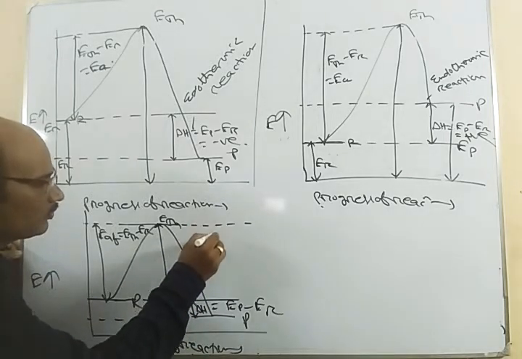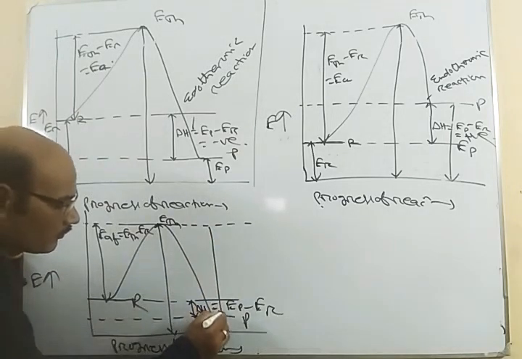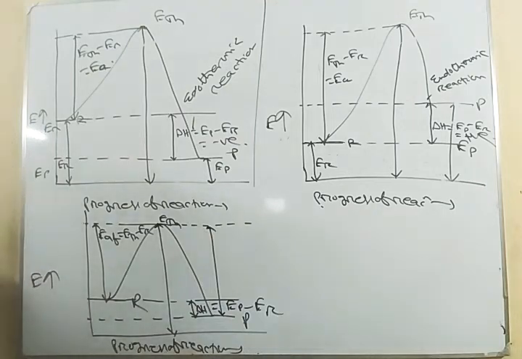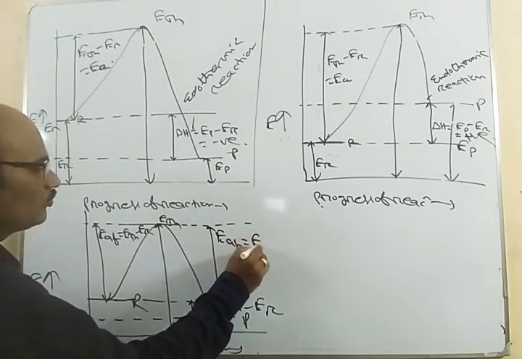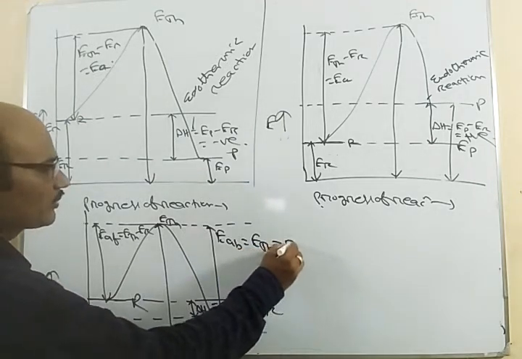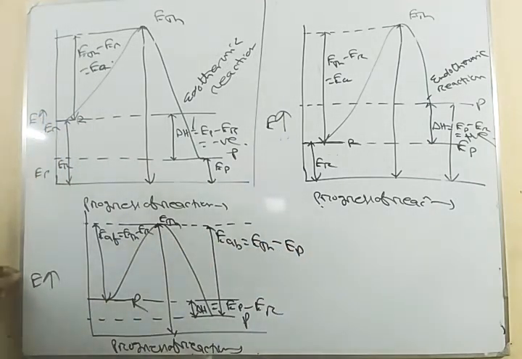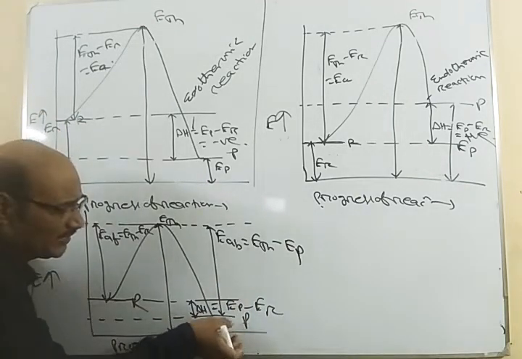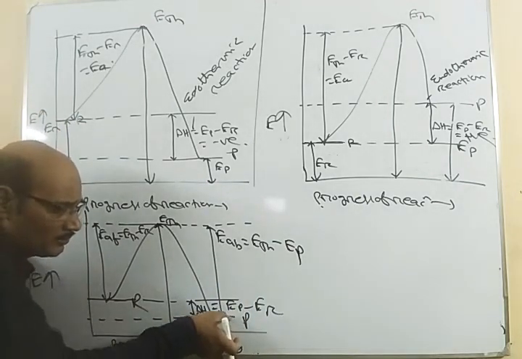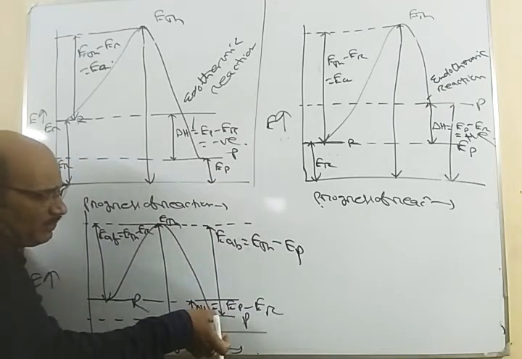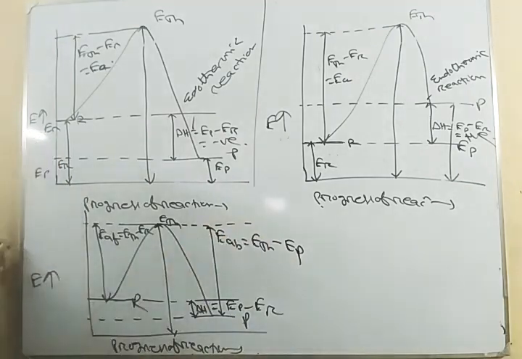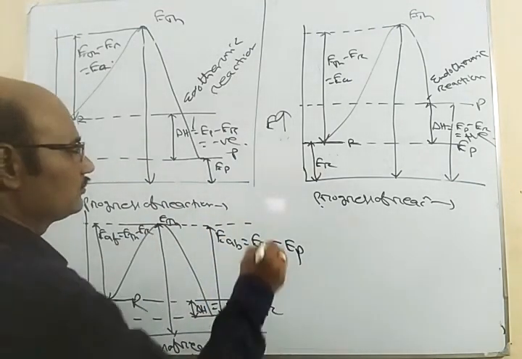So EAB equals ETH minus EP, because when I go for the backward reaction, this will be the reactant here. So this ETH minus EP will be your EAB.